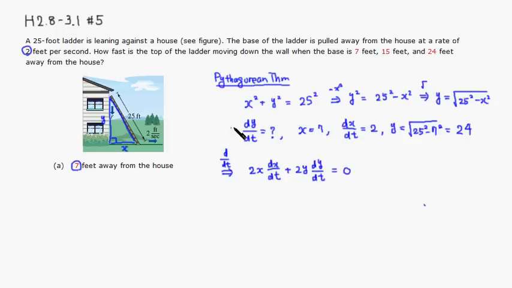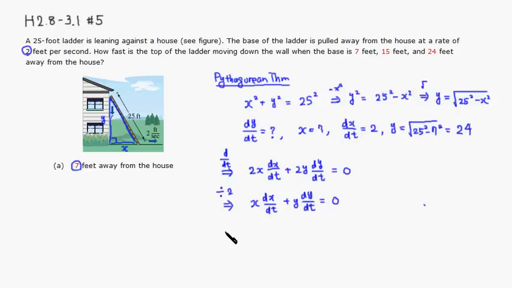Then we're looking for dy over dt, so I'm going to simplify. First step is to divide through by 2. That way we get x times dx over dt plus y dy over dt, and 0 divided by 2 is still 0.